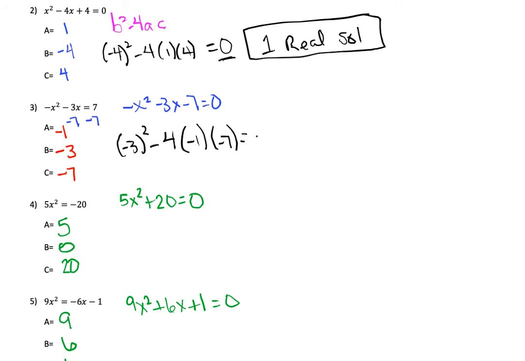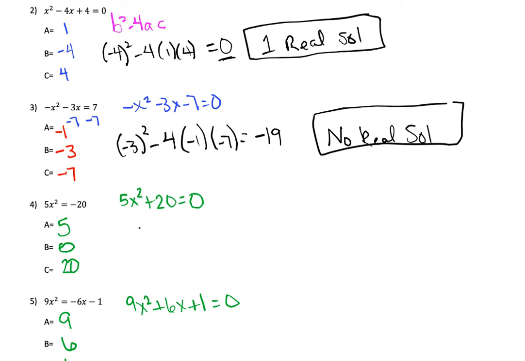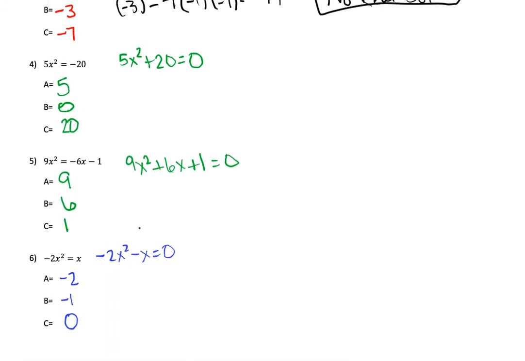I believe that gives me negative 19, which means it's a negative number, so there are 0 or no real solutions. 3 left. 0 squared minus 4 times 5 times 20. That's going to give me negative 400, which means there are no real solutions.